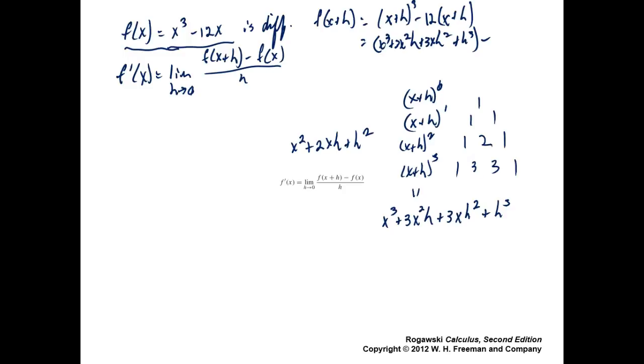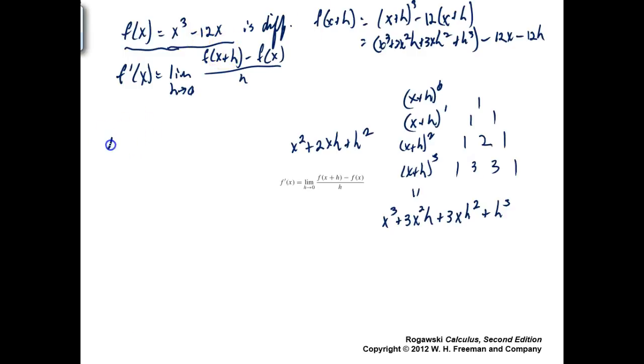We've just done (x + h) cubed minus 12 times. Just distribute: 12x minus 12h. Got it. Okay. So that is just that first part here.